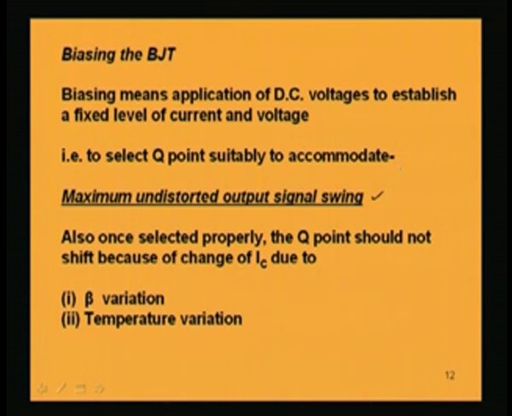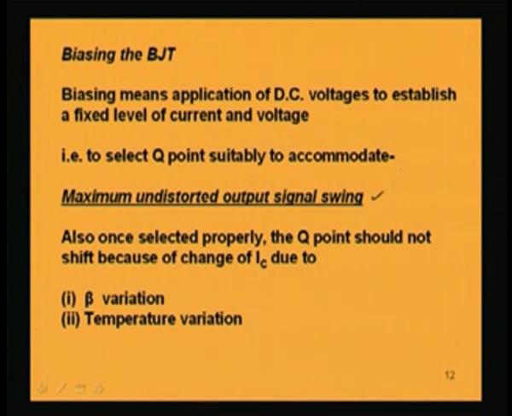Maximum undistorted swing means in the output signal there should not be any clipping of any portion. But again, once we select a Q point properly, it must also not be shifted.